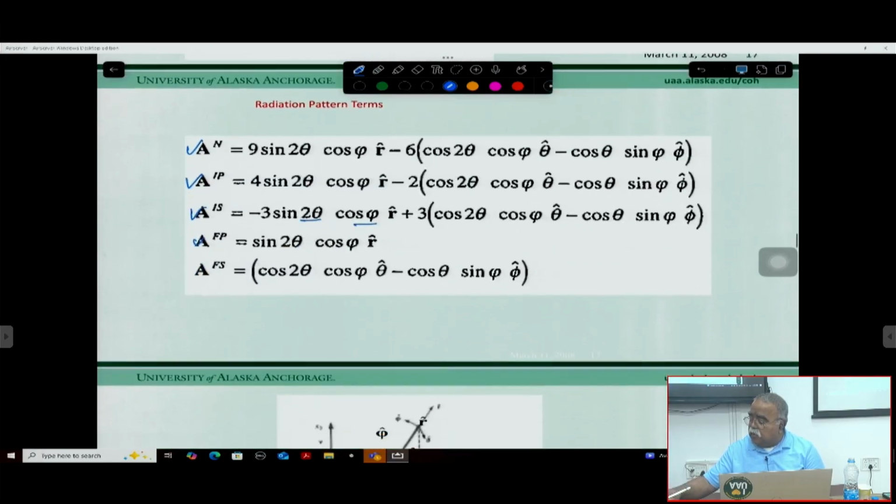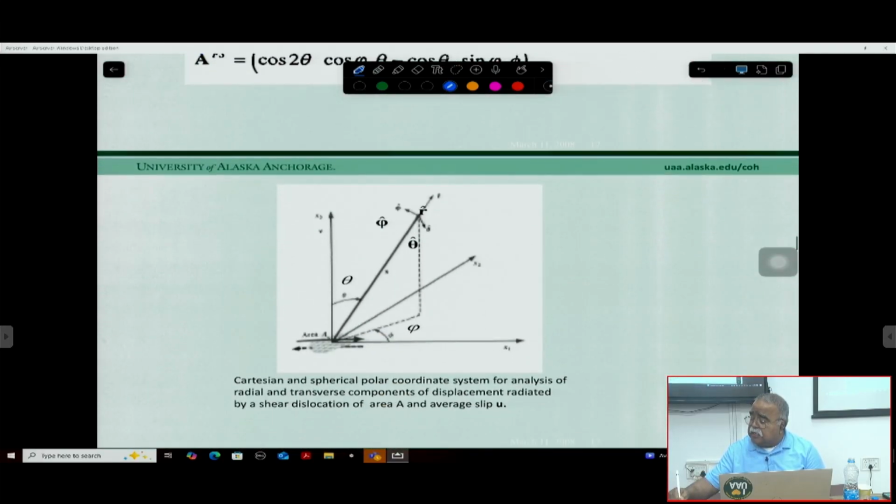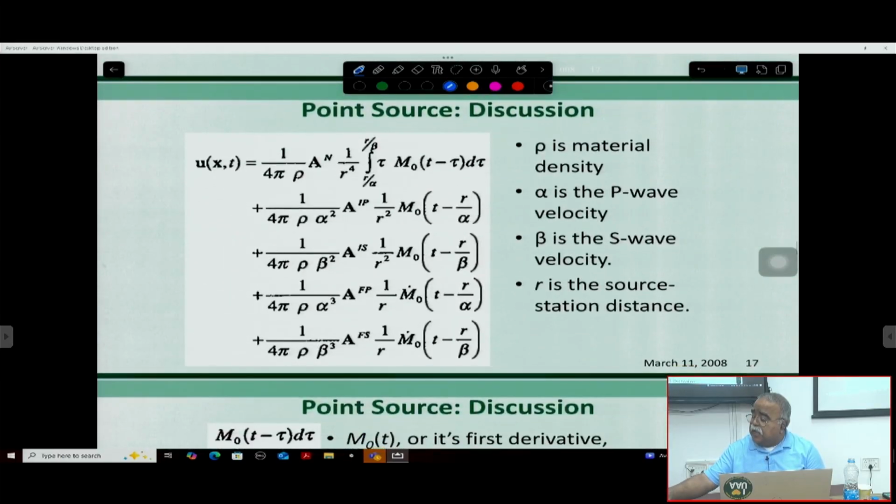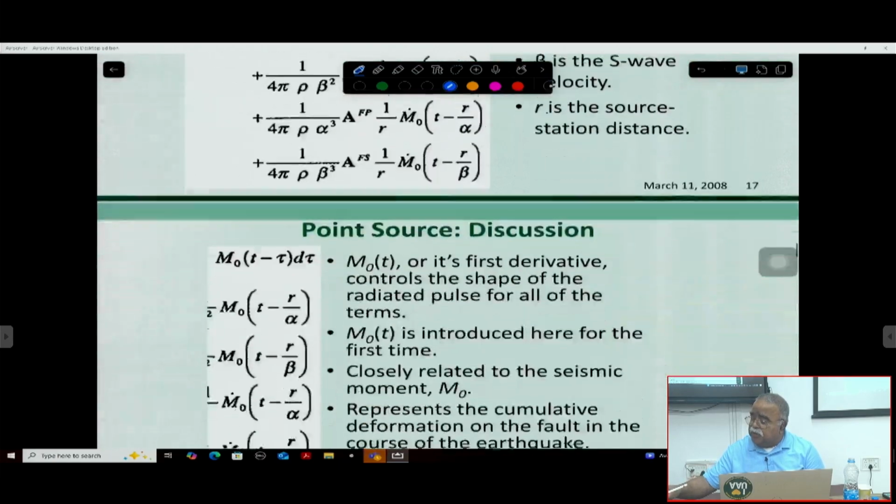So this is the angle by which the recording station is located from the source, the theta value, and this is your phi value, which is the projection of this one, right? And alpha and beta are basically the velocity of the P wave and S wave, and rho is the material density.